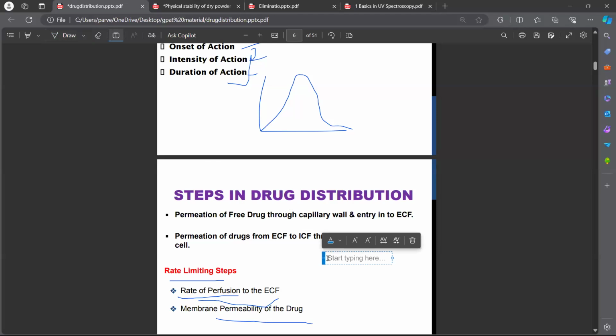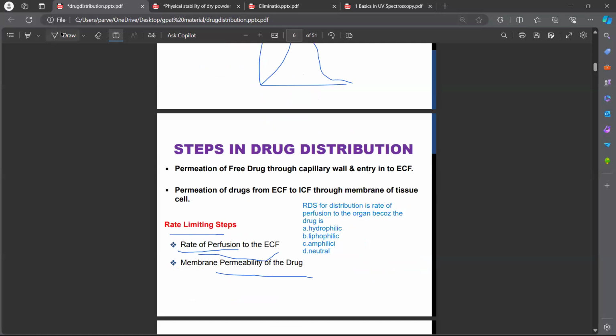The rate determining step for distribution is the rate of perfusion to the organ, because the drug is: A, hydrophilic; B, lipophilic; C, amphiphilic; D, neutral. Answer this MCQ, guys. Come on.